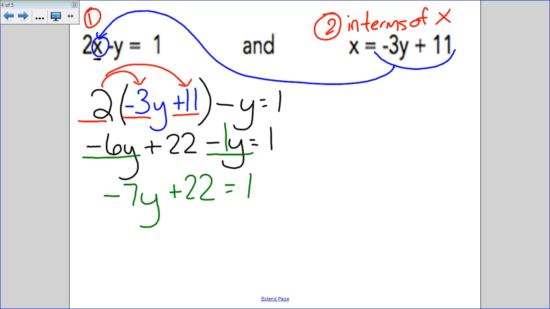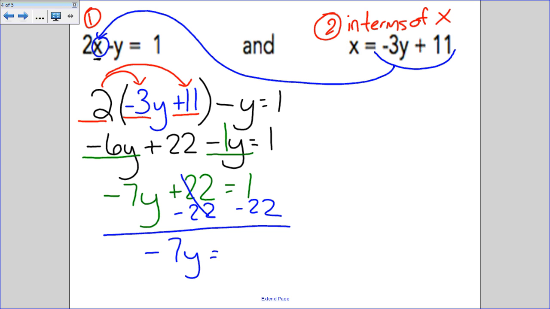What's the next step that I can take here? Good, let's subtract 22 to move it to the other side of our equal sign so we can solve for y. Here we have negative 7y equals 1 minus 22, or negative 22 plus 1 is negative 21. If I divide by my coefficient, I get that y equals negative 21 divided by negative 7 is positive 3.